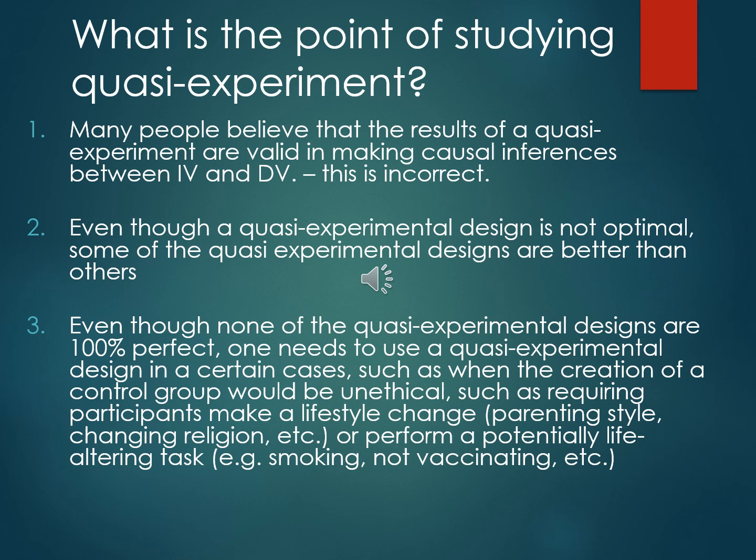Number three, even though none of the quasi-experimental designs are 100% perfect, one sometimes needs to use quasi-experimental design in certain cases, such as applied studies, trying to figure out whether or not a particular intervention works in the classroom, educational setting. And so it's better for you to understand strengths and weaknesses of different kinds of quasi-experimental design.